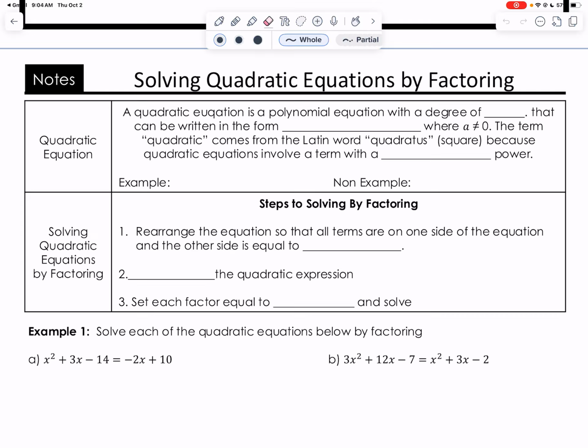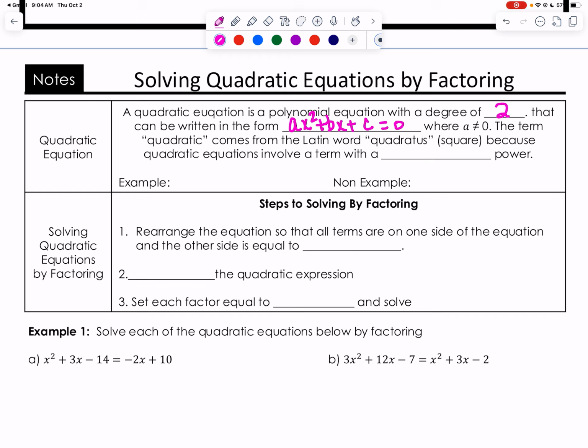A quadratic equation is a polynomial equation with a degree of 2 that can be written in the form ax squared plus bx plus c is equal to 0, where a cannot equal 0.